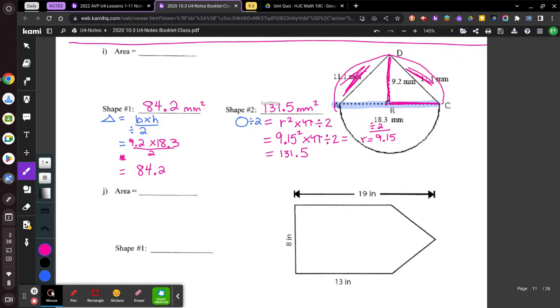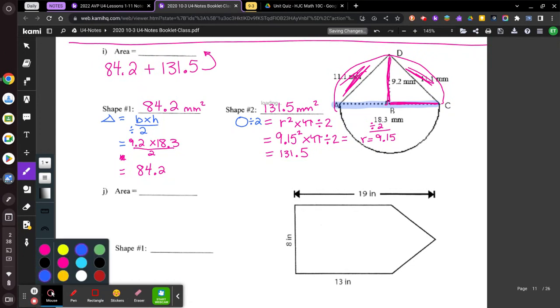So we're going to add in this case: 84.2 plus 131.5. That's going to be our total area, and that's going to give us a total of 215.7. And our units, don't forget, millimeters squared.